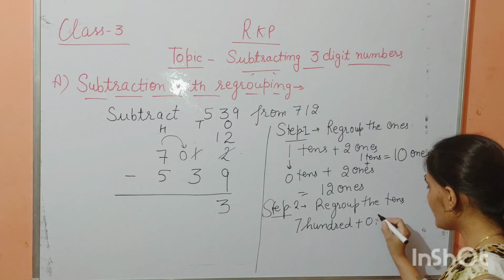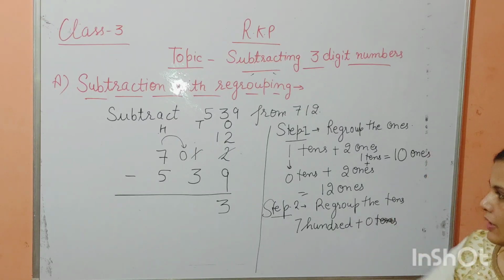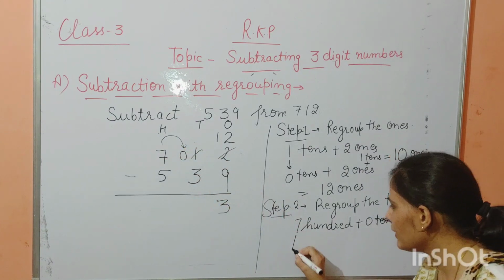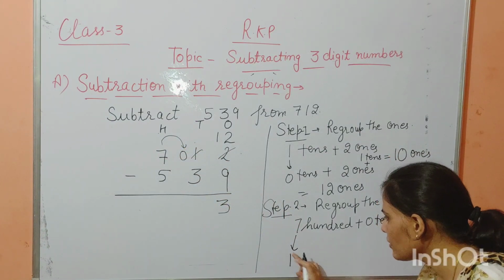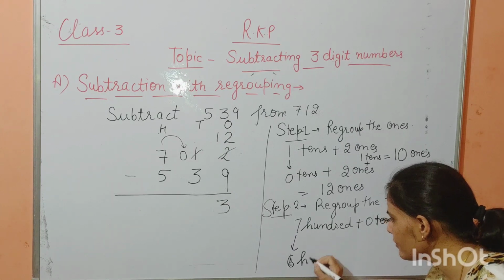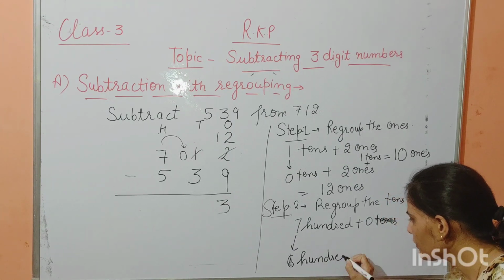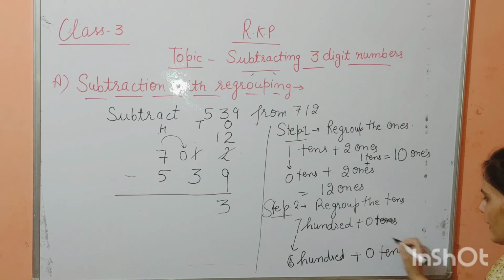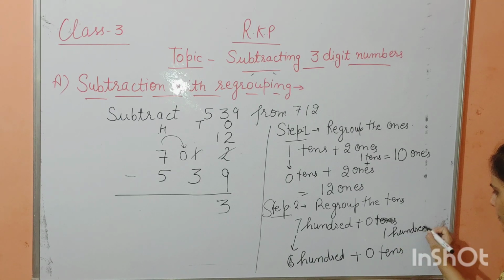When you borrow from the hundreds place, what will be left? 600, and this 100 comes to the tens place. 0 tens, and here I will write 100. 100 is equal to 10 tens, not ones.